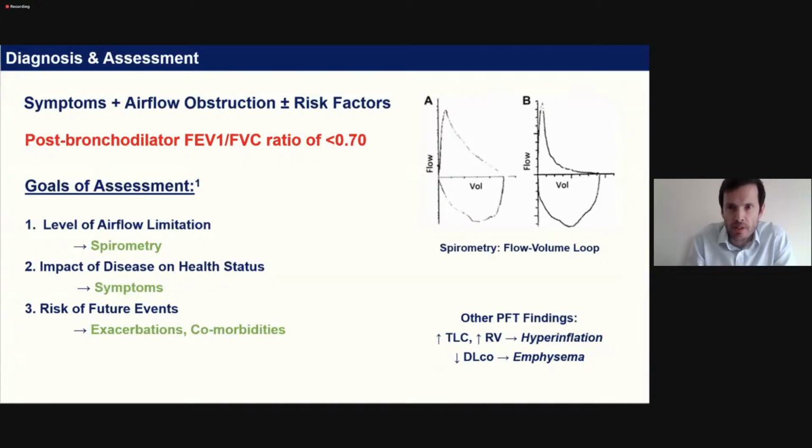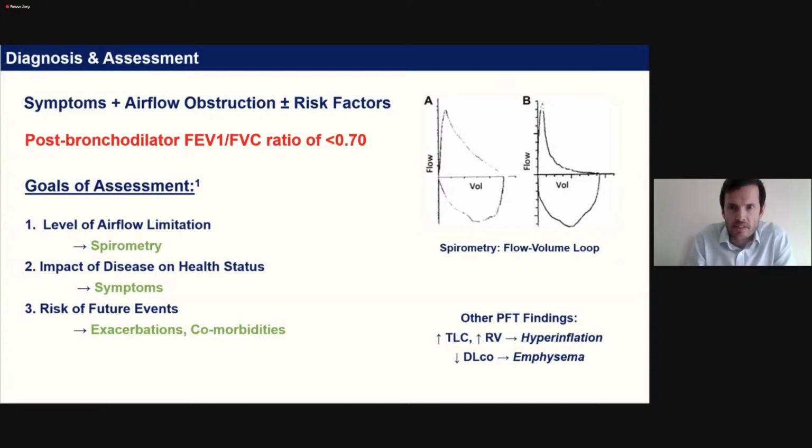To start, the most recent 2021 GOLD report continues to recommend that a diagnosis of COPD is based on the presence of symptoms and airflow obstruction, as demonstrated by a post-bronchodilator forced expiratory volume in 1 second, or FEV1, over FVC, which is the forced vital capacity. A ratio of those two factors of less than 0.7 is required. That indicates airflow obstruction, and/or reported risk factors for COPD, such as smoking.